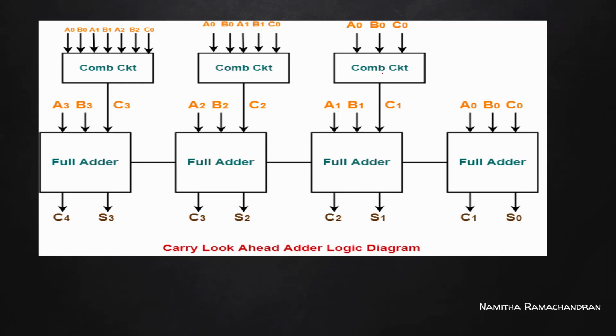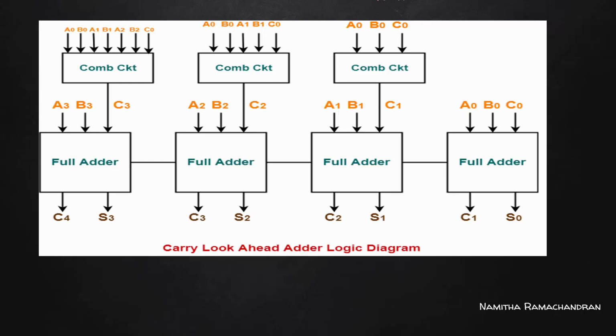That combinational circuit is based on C0, B0, A0. That combinational circuit generates the expression corresponding to C1 based on carry propagate and carry generate terms. That carry propagate and carry generate term is implemented using our previous instant inputs A0, B0 and C0.